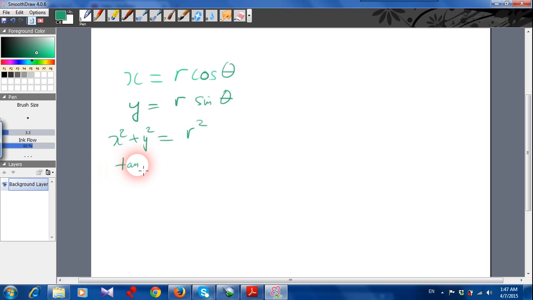Besides that, we also have tangent of theta is y over x.